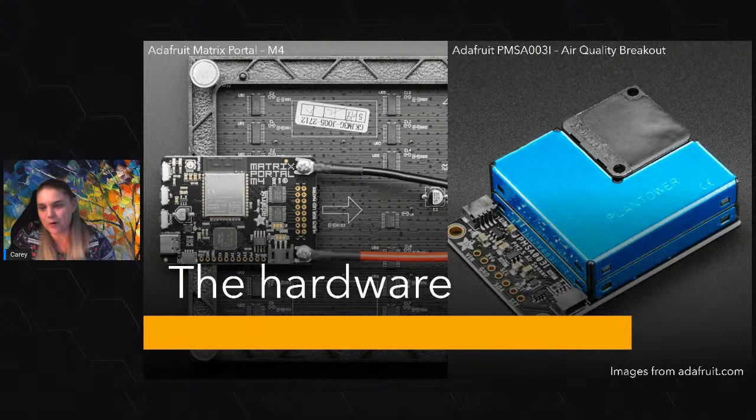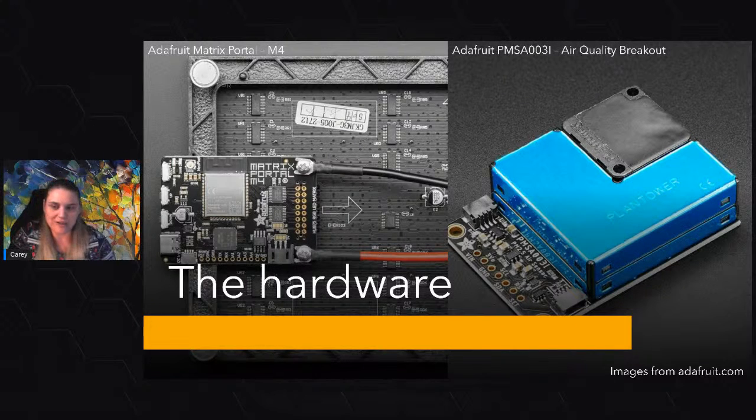The Matrix Portal also has an I2C STEMMA connector, which is really nice because we're able to connect our air quality sensor, which I'm going to show you in a moment, and you don't have to fiddle with wires or soldering.